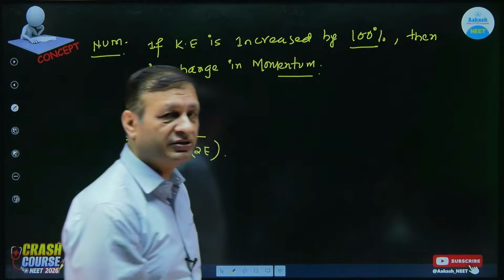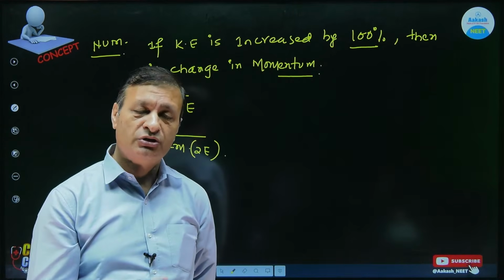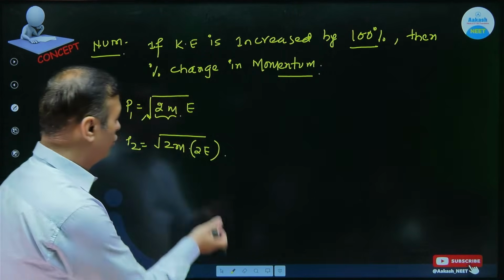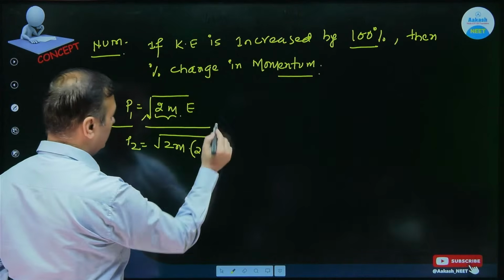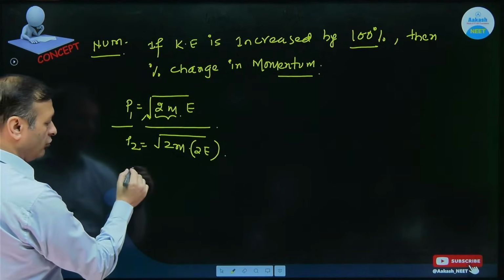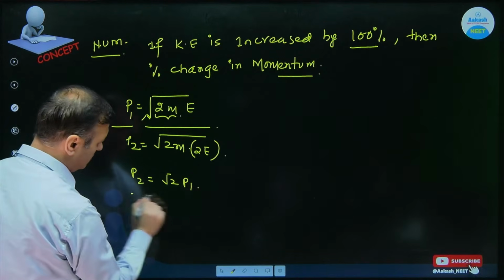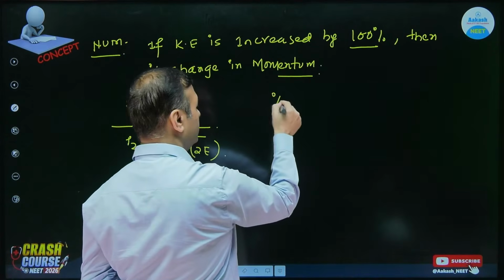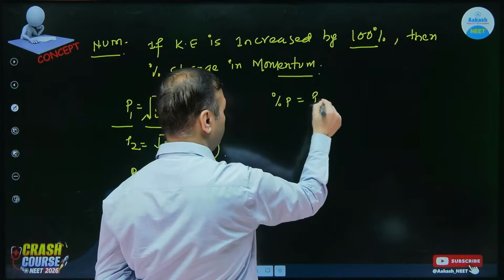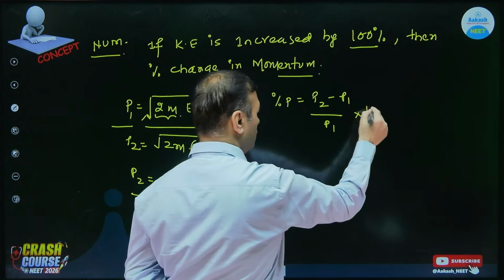So पहले kinetic energy आपकी E थी, आपने 100% उसको increase किया, so the new kinetic energy would be 2 times E. Then if you look at this, how will you find out P2? P2 would be √2 times P1. And how will you calculate the percentage change in momentum? So that is P2 minus P1 by P1 into 100.